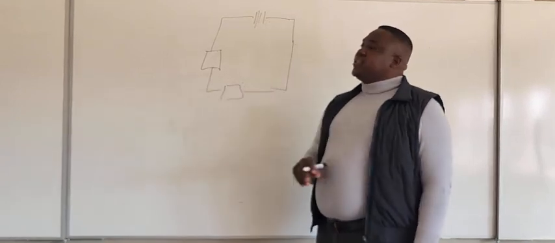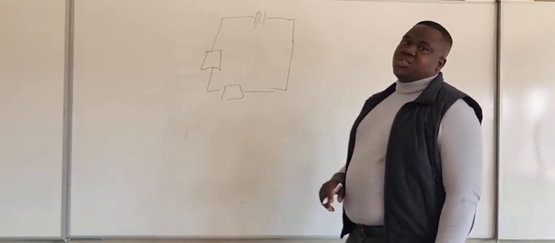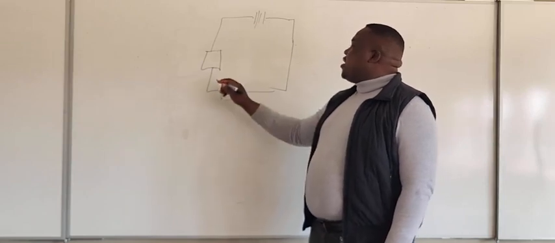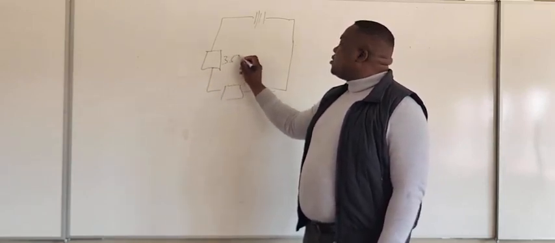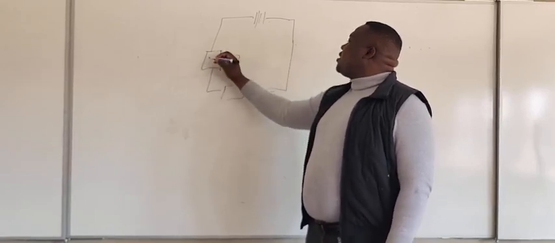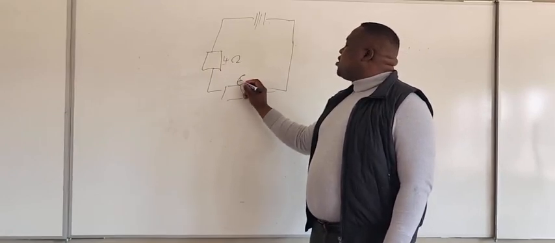Then you can see that this connection is series. Let's take, we have got 3 ohms. Then here we've got, and let me make it high, 4 ohms, and here we've got 6 ohms.